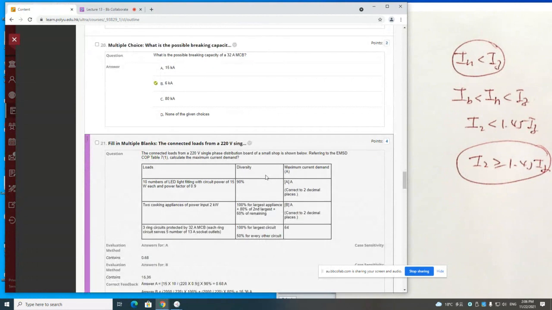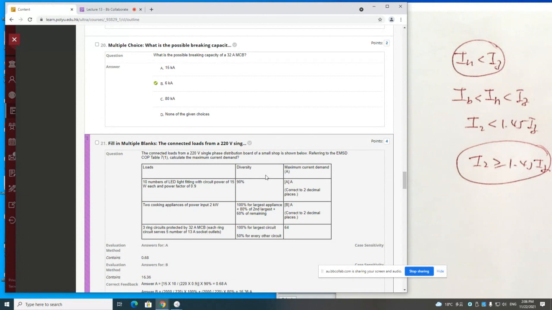20. Which one is a possible breaking capacity of a 32 ampere MCB? You can see a list of currents. Some of the currents are not possible. As I said in the lecture, MCB is a small size circuit breaker. The breaking capacity cannot be very big, and in most cases it is 6 kiloampere.